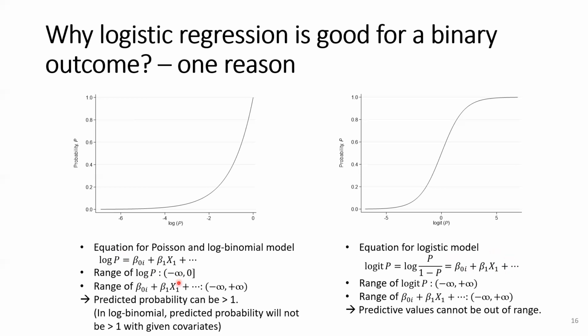it's bounded by 0. Here, this is the probability P going from 0 to 1, and I plotted the association between probability and log of P. As you can see, the lower bound goes to negative infinity, but the upper bound is up to 0. Log of P cannot be more than 0.